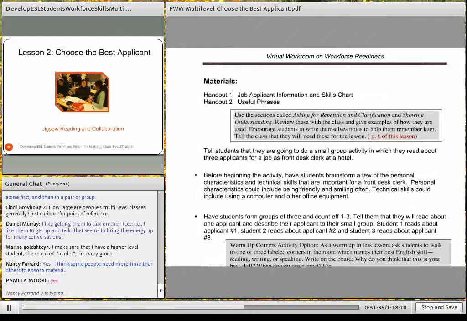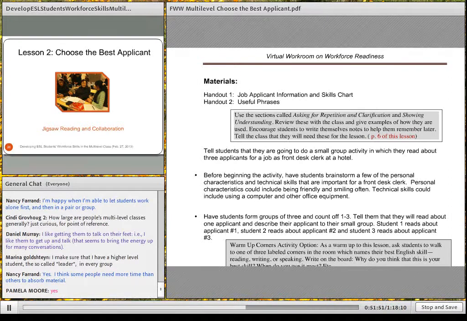Okay, let me go down here then. And the materials. We're going to go back to the useful phrases sheet, but this time we're going to use asking for repetition and clarification and showing understanding. So we review these with the class and give samples and examples of how they are used.